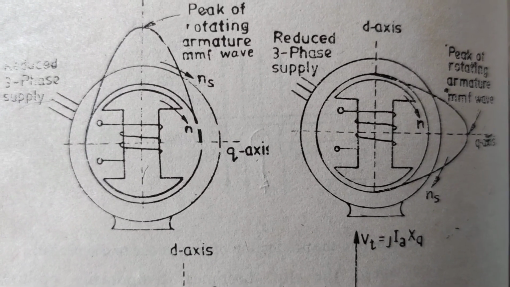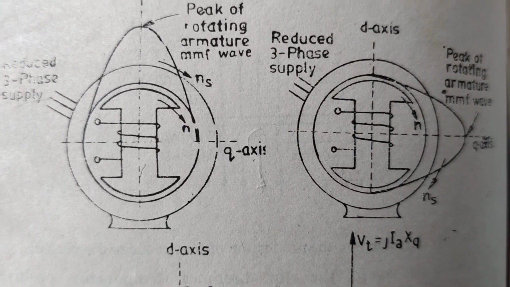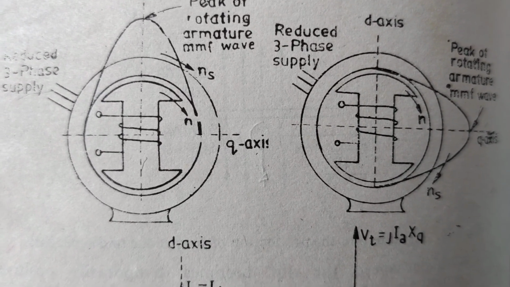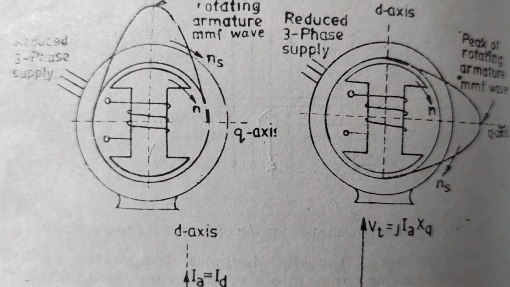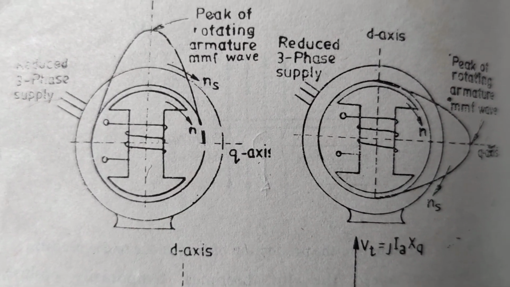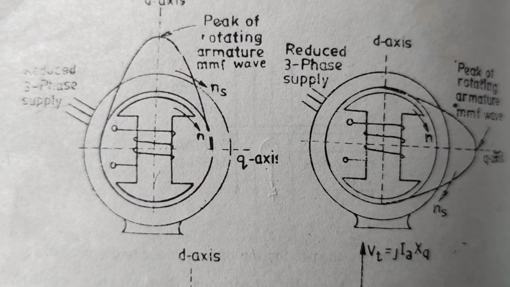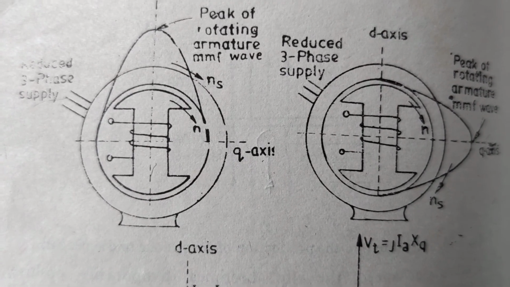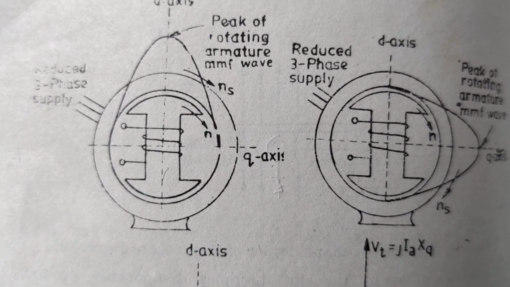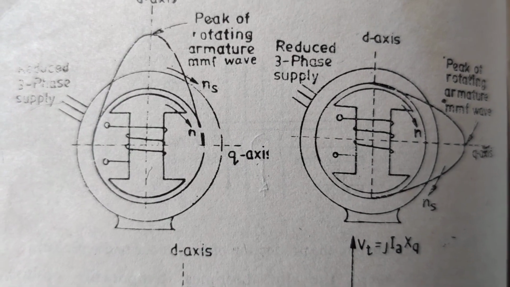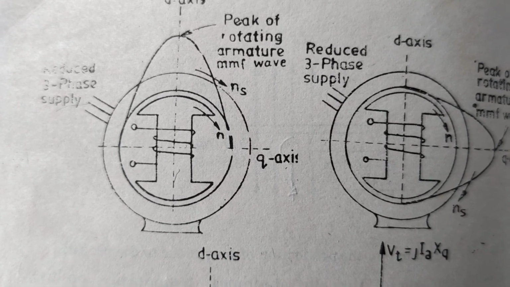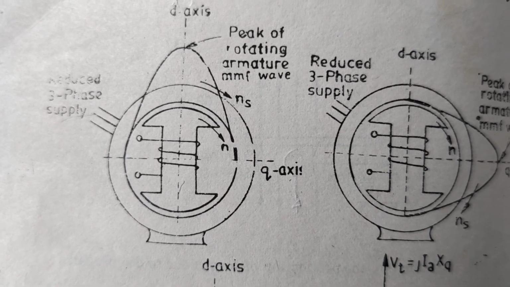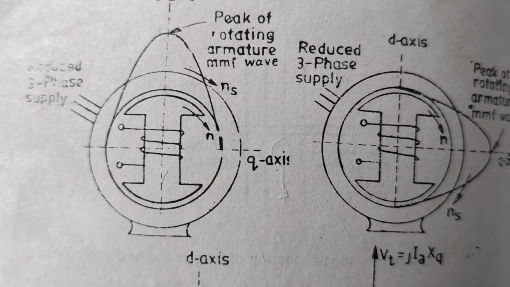After 1/4 of slip cycle, the peak of armature MMF wave acts on the interpolar axis or Q axis, which is shown by the second figure. The reluctance offered by the long air gap is maximum, right?